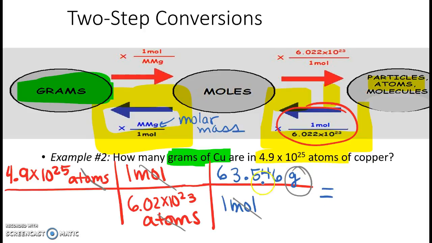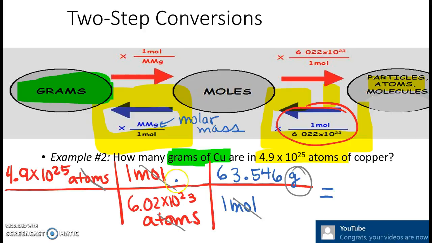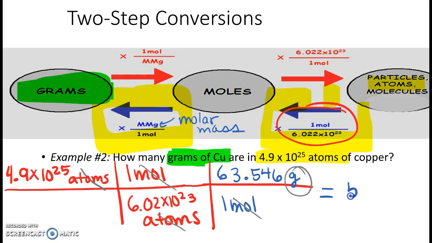So multiply everything across the top, and then divide by Avogadro's number. One helpful thing is to make sure Avogadro's number is in parentheses when you divide it. So your answer will end up being 5,172 grams.